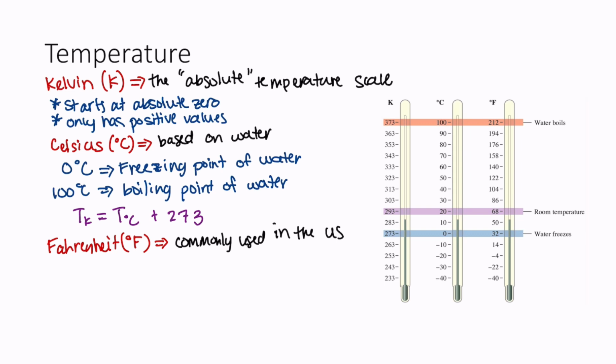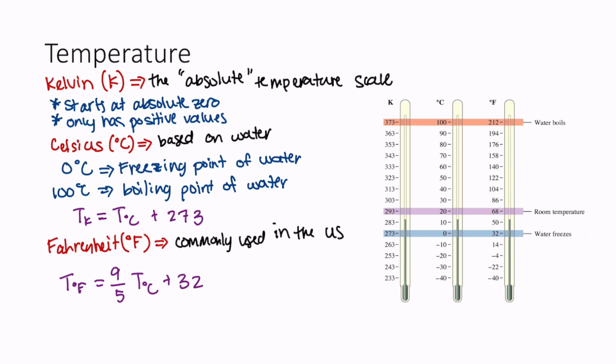We can convert between degrees Celsius and Fahrenheit. Do you want to calculate your temperature in Fahrenheit? It is going to be equal to 9/5 times the temperature in degrees Celsius plus 32.